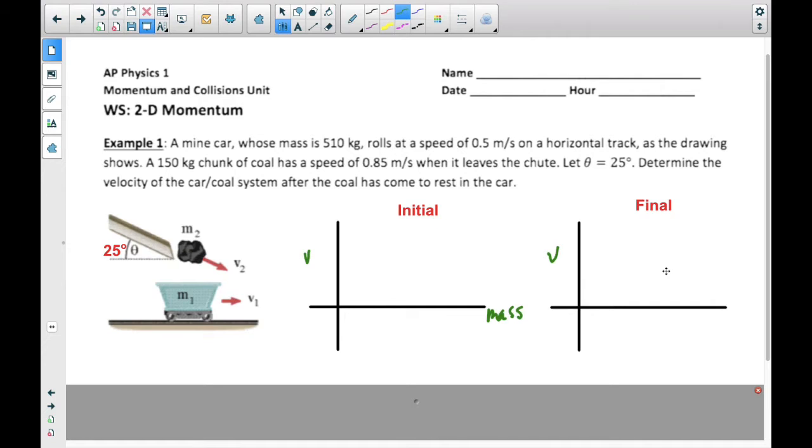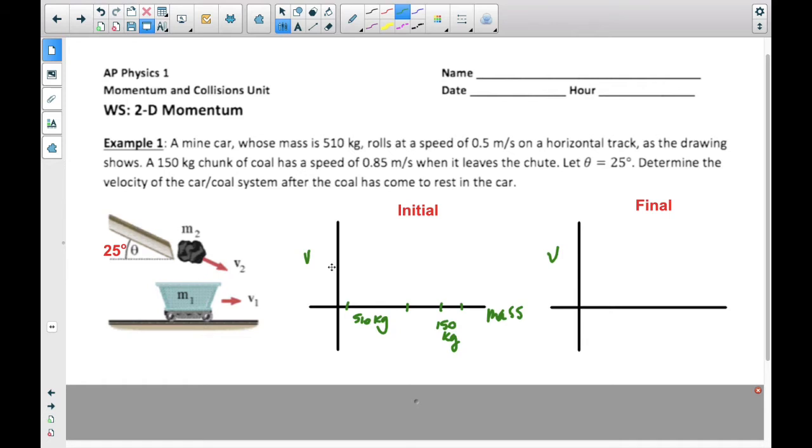So we're just making a rough draft, seeing what's going on, so that in a minute we can make an equation. Okay, so first of all, we have a cart of mass 510 kilograms. I'm just going to make a length of 510 kilograms, a kind of random length, but that's what I'm going to have. My other piece is the chunk of coal that is 150 kilograms, so I'm going to make that smaller.